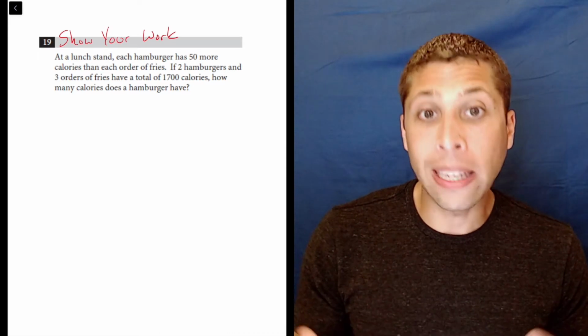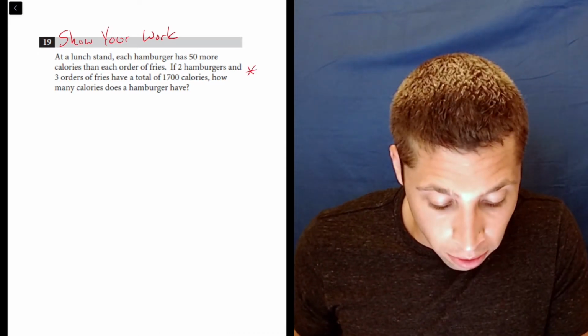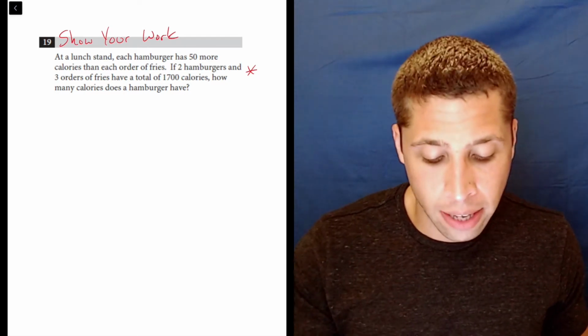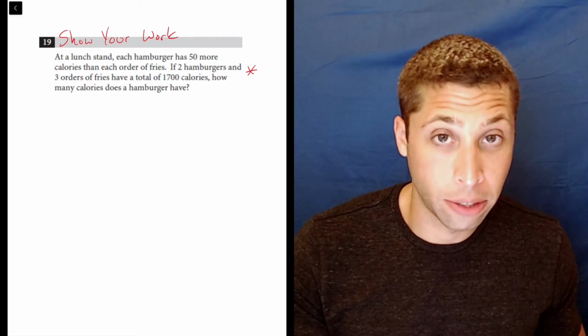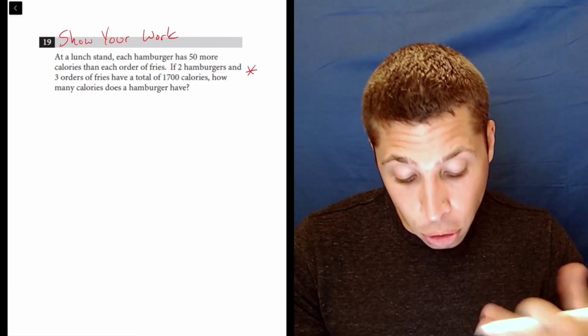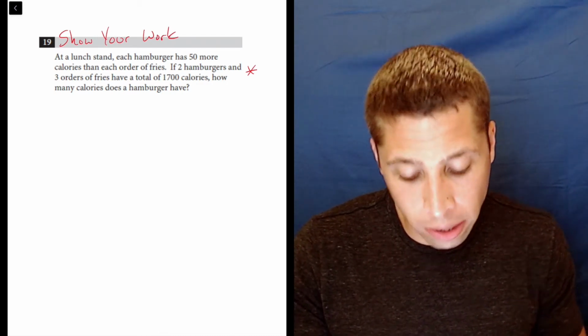I'm going to start with the easier equation, which is actually in the second sentence here. So that's this one. If 2 hamburgers and 3 orders of fries have a total of 1,700 calories. So when we have a rate, 2 hamburgers times however many calories are in a hamburger, we are going to use multiplication.